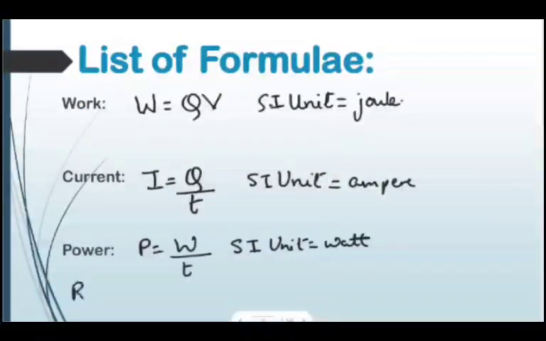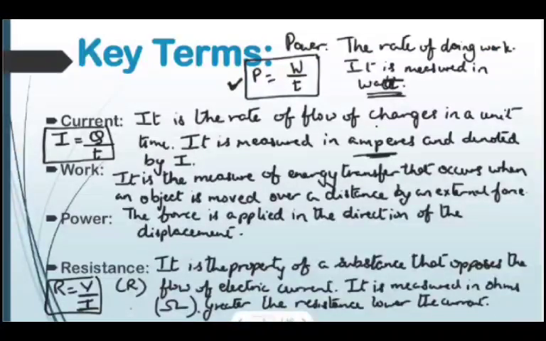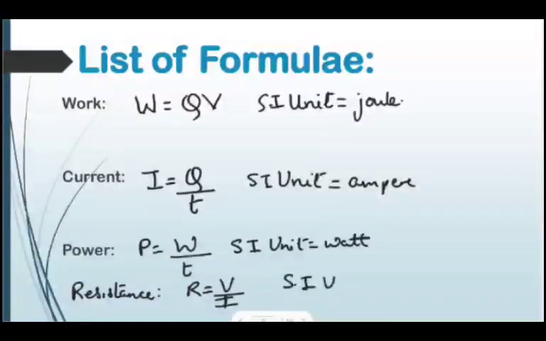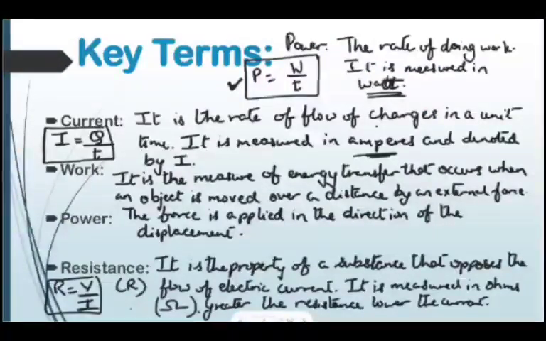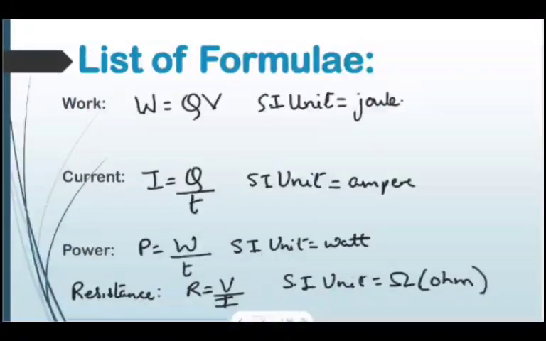So resistance R is equal to potential difference upon the flow of electricity. All right. SI unit, ohms. Yes, children?